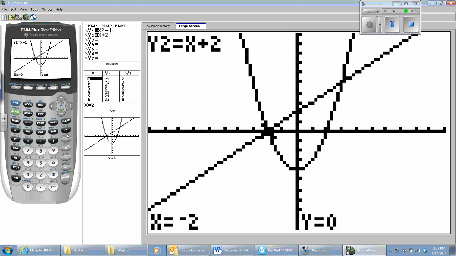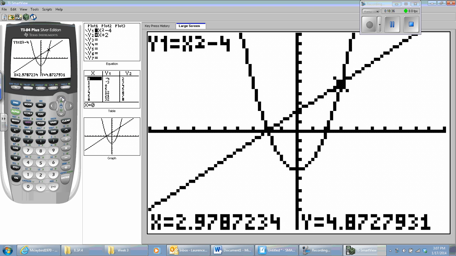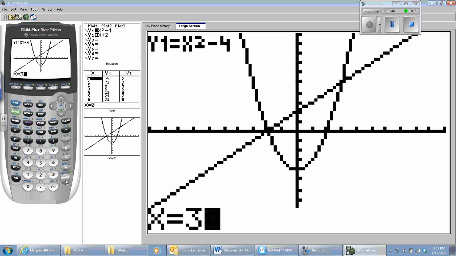Okay, now the other possibility was x is 3, so I'm going to type in 3, hit enter, and when x is 3, y is 5 on the line. Well, let's hit the down arrow, and let's type 3 again. Now I'm on the parabola, the quadratic equation, and look at that, I got 3, 5 again, so I did it right. And we can use the graphing calculators to check.